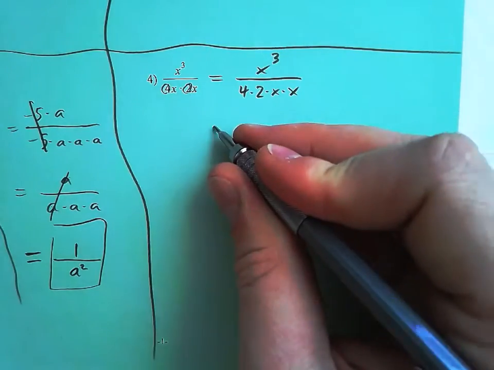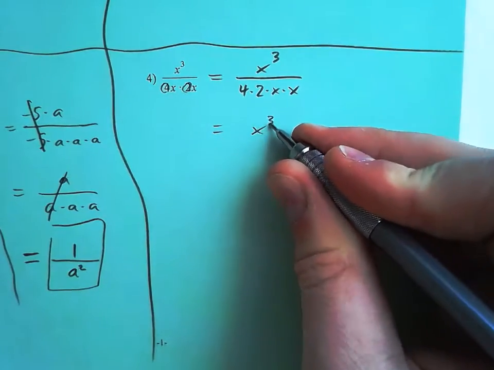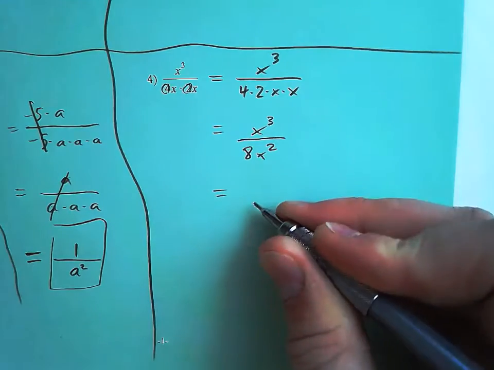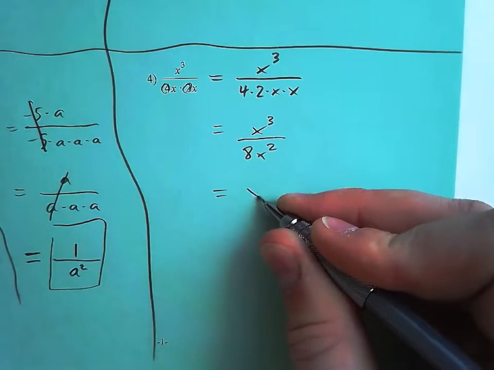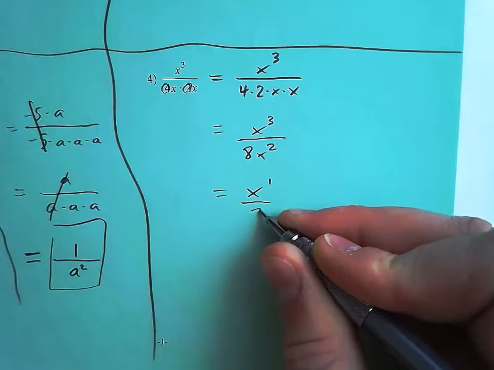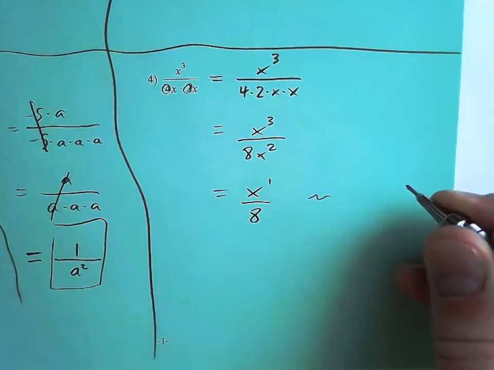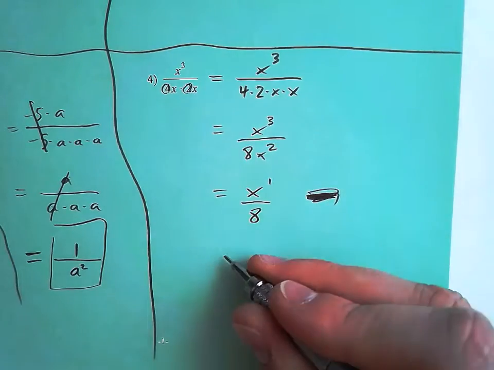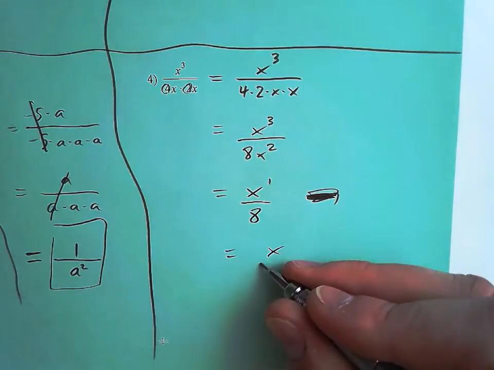X times x is x squared. So we have x to the third over 8x squared. Subtract the exponents, and you get x to the 1 over 8, which you could just write as x over 8.